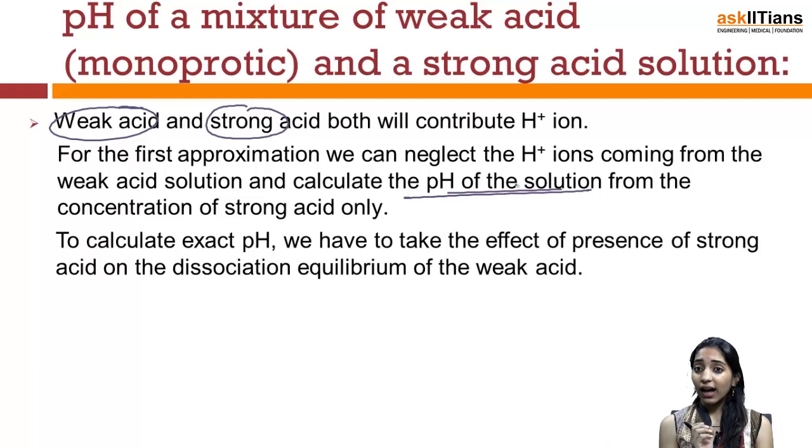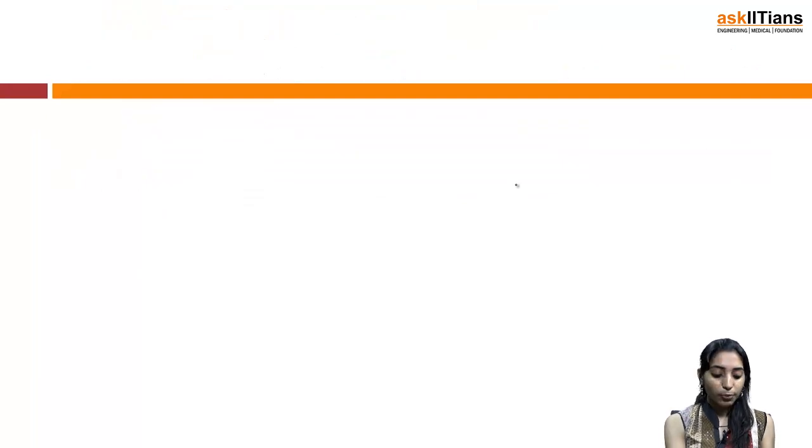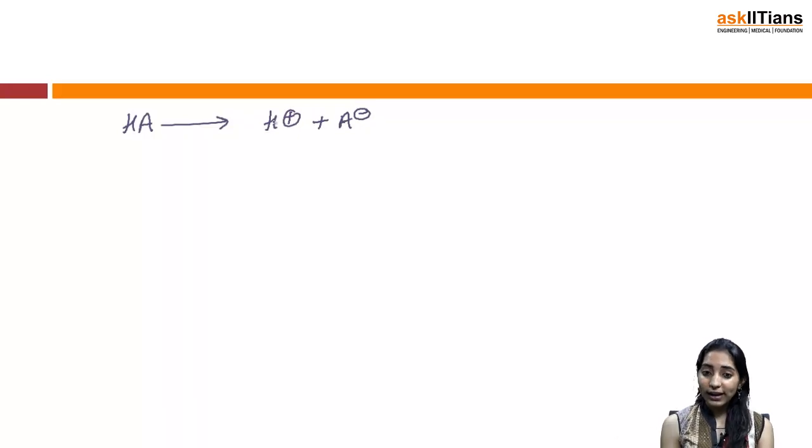But if we are asked to calculate the exact pH, then we'll have to take the effect of the presence of strong acid on the dissociation equilibrium of a weak acid. To consider this point in details, I will say that suppose you have a strong acid HA. Now if it is a strong acid, I can say that this gets dissociated to form H positive plus A minus. Since this is a strong acid, I can always write this H positive plus A minus.